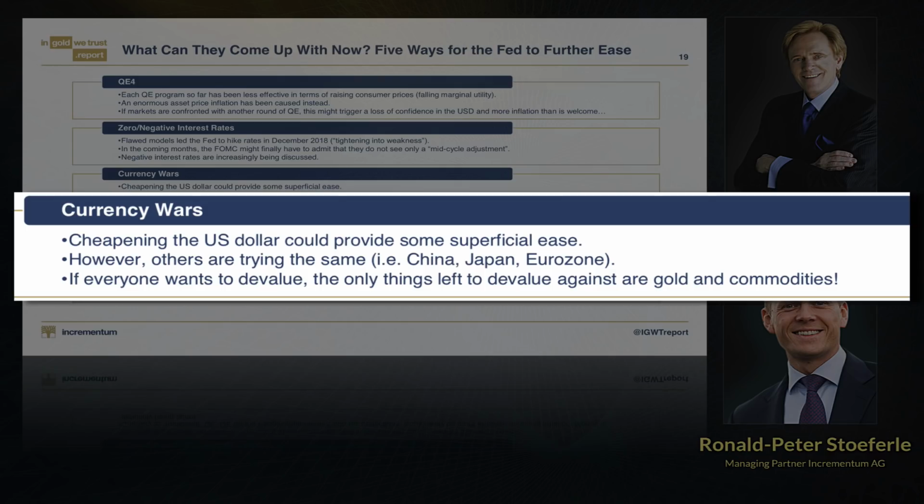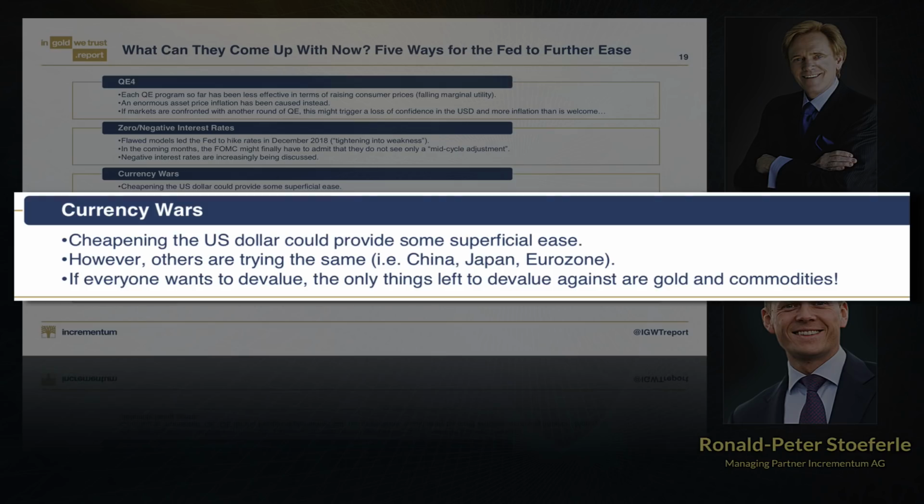So nowadays the problem is that everybody wants to have a weak currency. It's not only Mr. Trump, it's also everybody in the Eurozone. It's the Chinese, obviously, it's the Brits, it's the Canadians, and it's also the Japanese. So if everybody wants to create some artificial growth by importing inflation and by lowering the exchange rate of their currency, it is pretty obvious that gold has to be the main beneficiary, right?